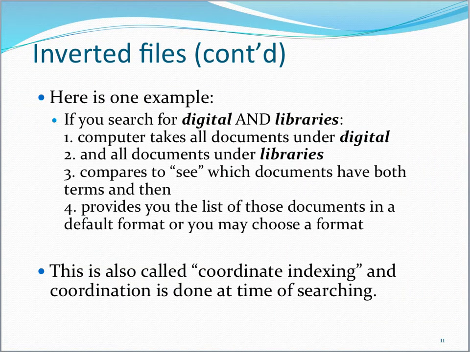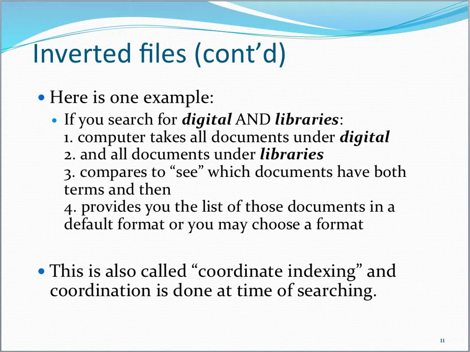Here's another example of how inverted files work. If you search "digital" and "libraries," the computer takes all documents under "digital" and all documents under "libraries" and compares them to see which documents have both terms. That, of course, as we'll see later, uses the Boolean operators AND, OR, and NOT.